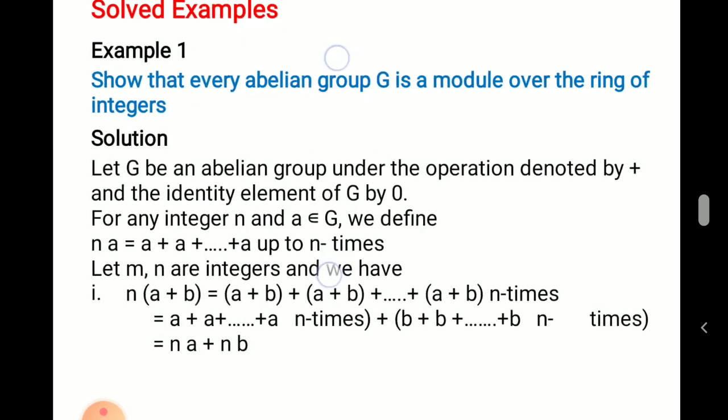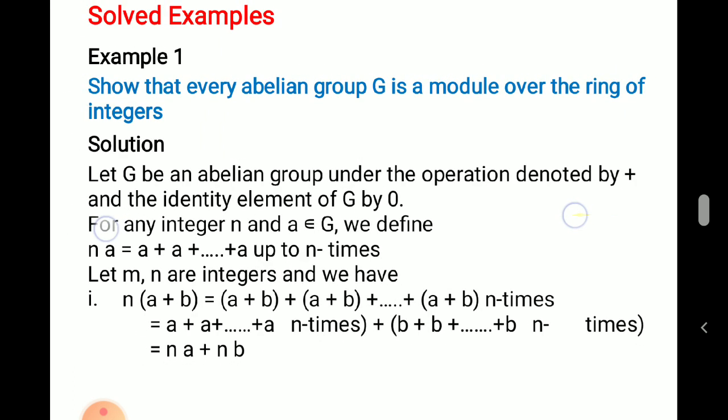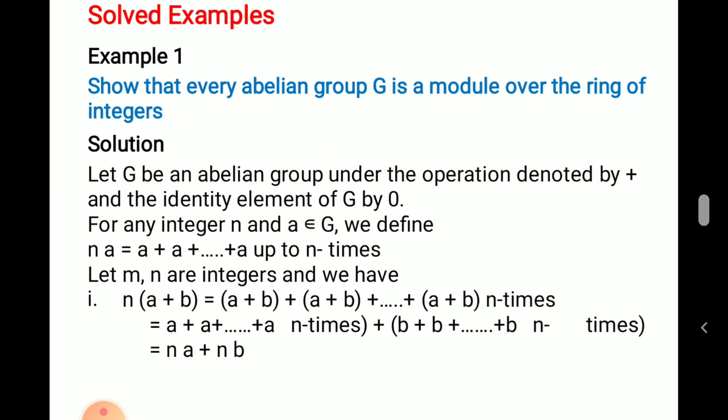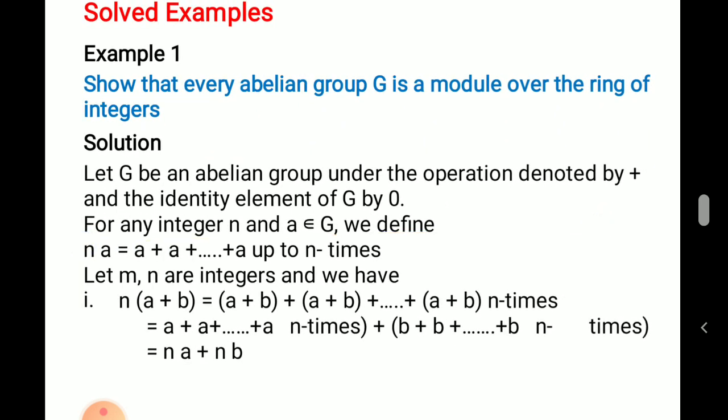Then examples. Now here I am not going into the details of the solution of these examples; you only have to remember these as examples for MCQ purposes. Proofs are given in my notes. Show that every abelian group G is a module over the ring of integers.